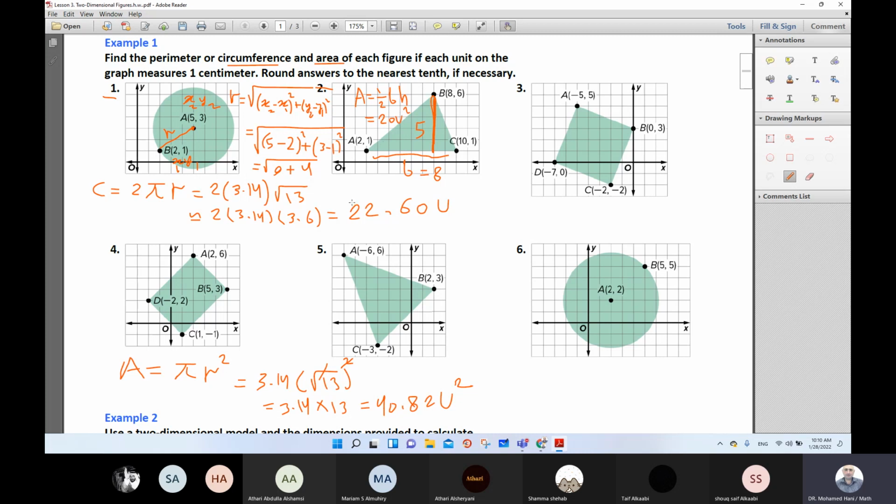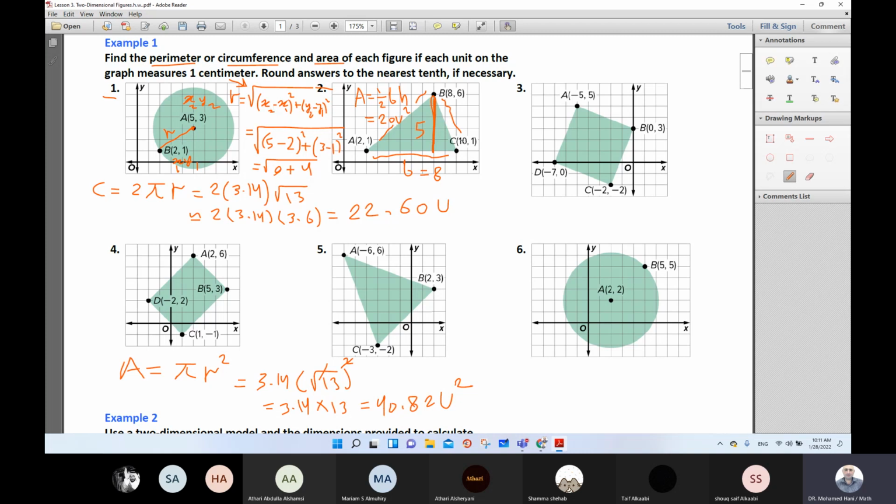And if you want to find the perimeter, you must find the distance from B to C and the distance from B to A using this rule. You know now the length of this side is 8. So you can find the missing values of the two lengths here using this rule.